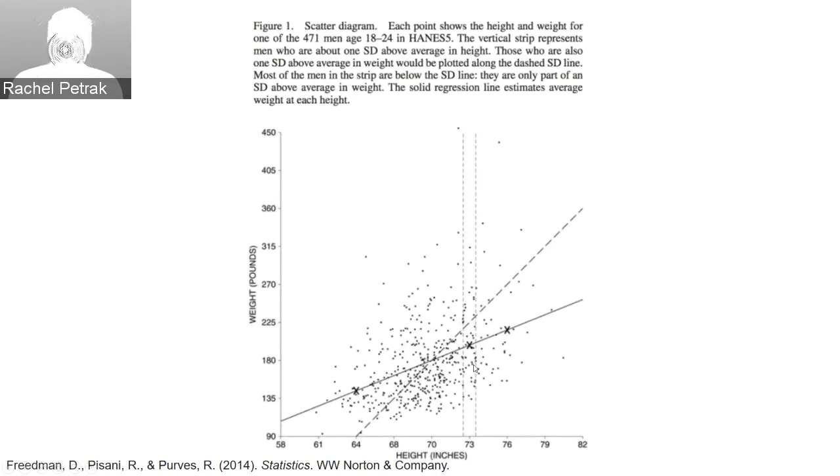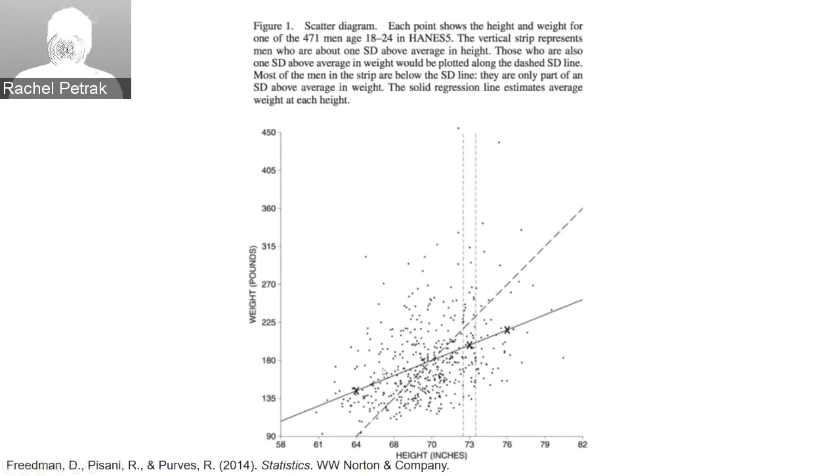Because they are choosing to highlight 1 standard deviation above average in height. Those participants who are also 1 standard deviation above average in weight are plotted along the dashed SD line. And you can see that right here. And then here's our dashed line.